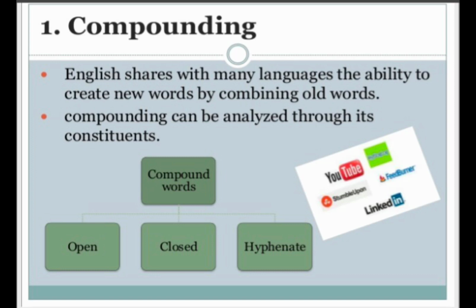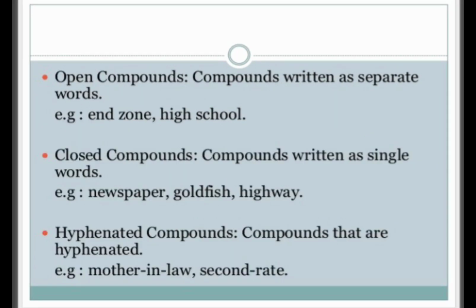This is not quite the same as a noun with a modifying adjective. We just use a space between the adjective and the noun, so sometimes it can be hard to identify as a compound. However, if the two words are commonly used together, it's considered a compound word. For example, end zone and high school.